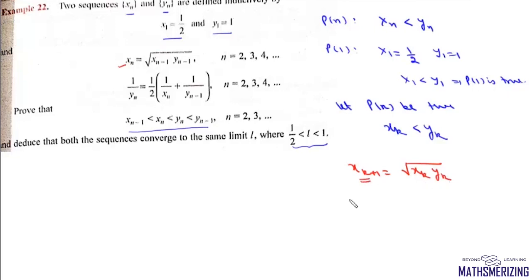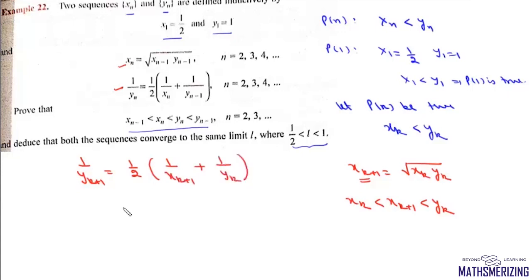That means xk plus 1 will lie between xk and yk. Now from this one we can write 1 upon yk plus 1 equals 1 by 2 into 1 upon xk plus 1 plus 1 upon yk, that is yk plus 1 is harmonic mean between xk plus 1 and yk, that is yk plus 1 will lie between xk plus 1 and yk.